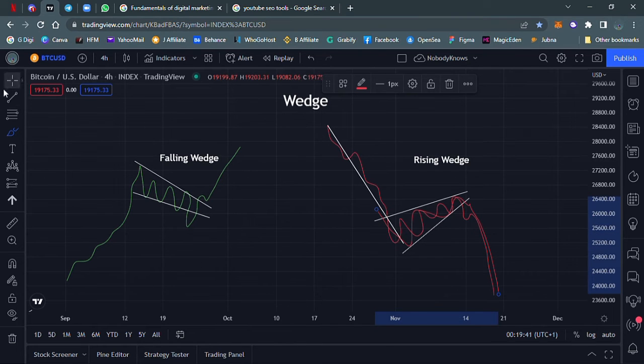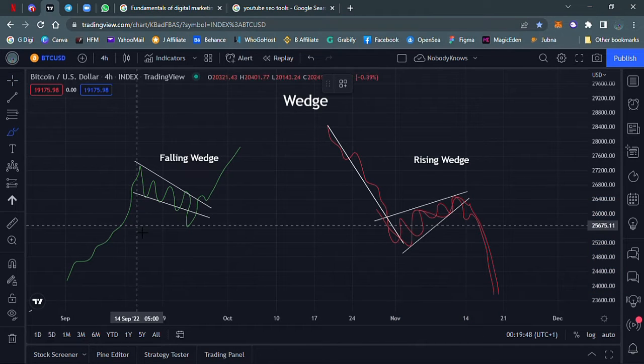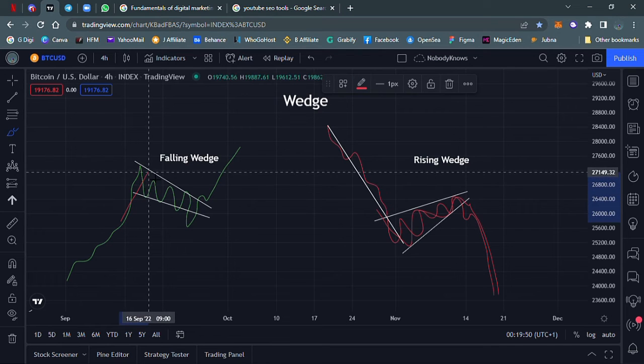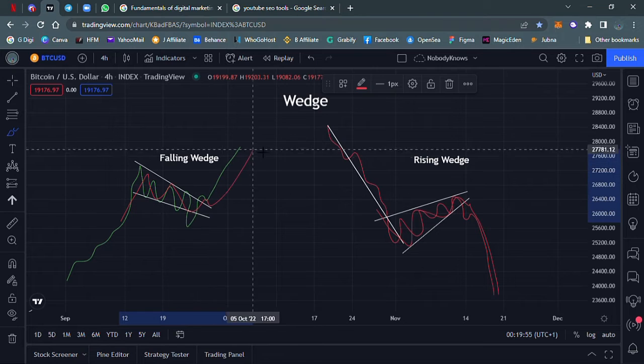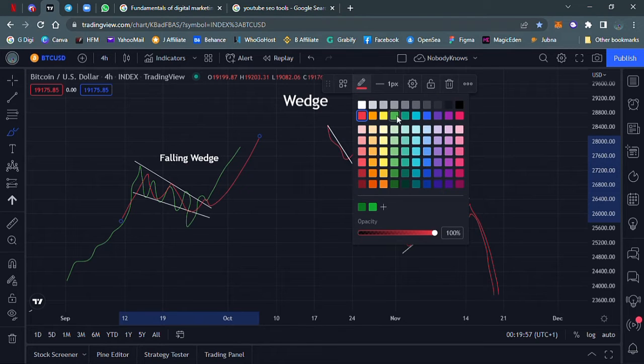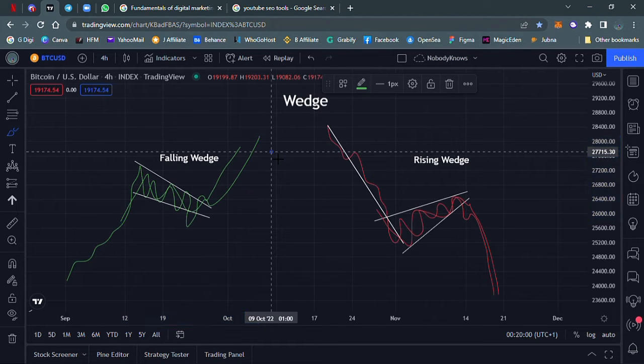In the case of the bull market, it's coming like this, it touches here, touches here, touches here, touches here, touches here, comes out and continues in its uptrend, right? So yeah, the bull flag, bear flag are usually continuation patterns, same as the falling wedge and the rising wedge, right?